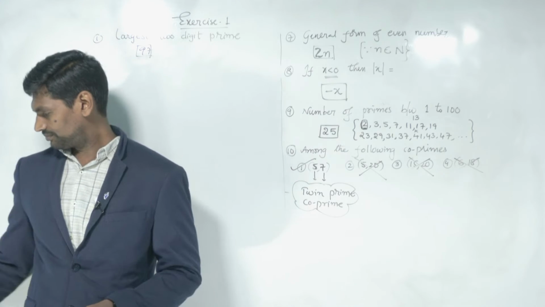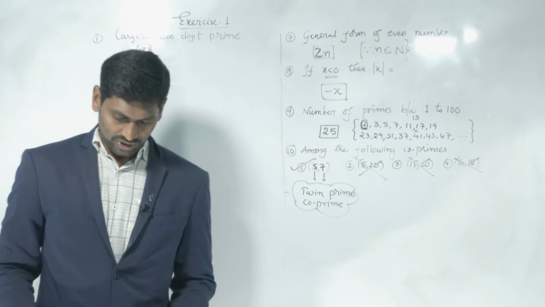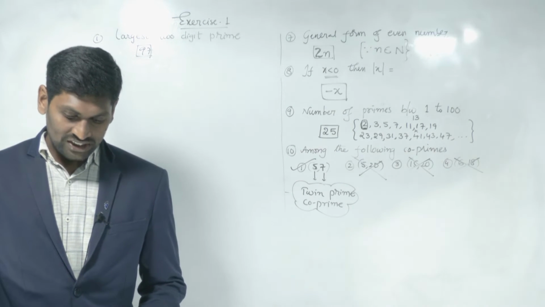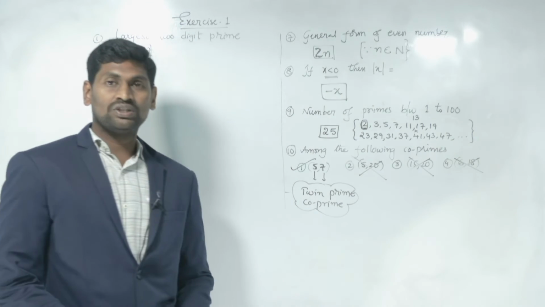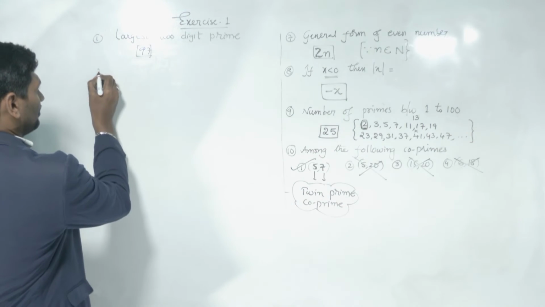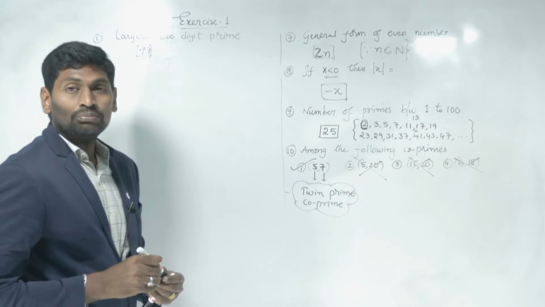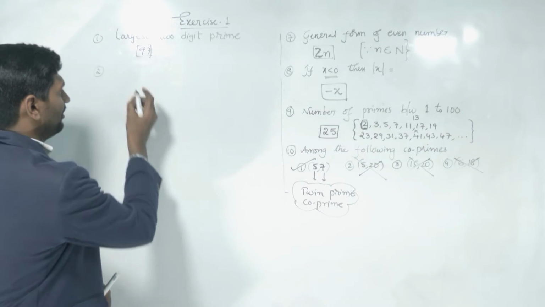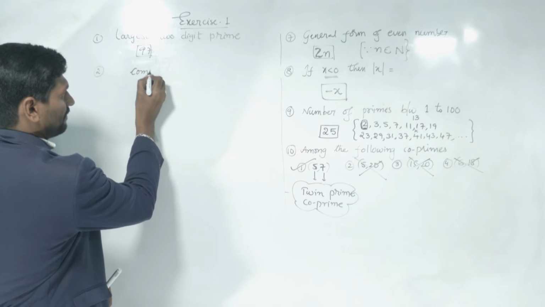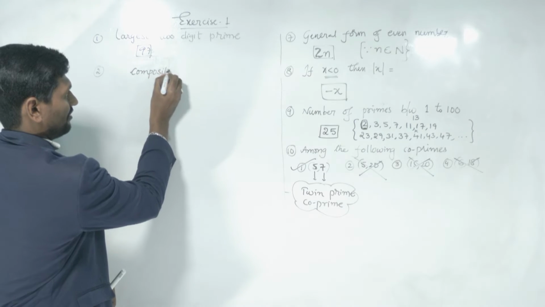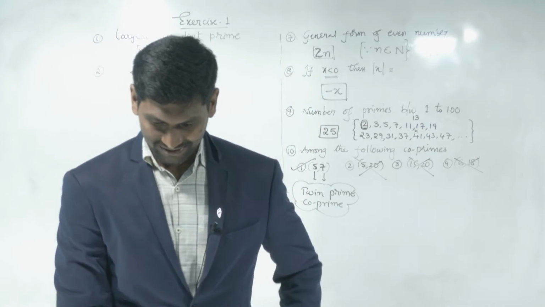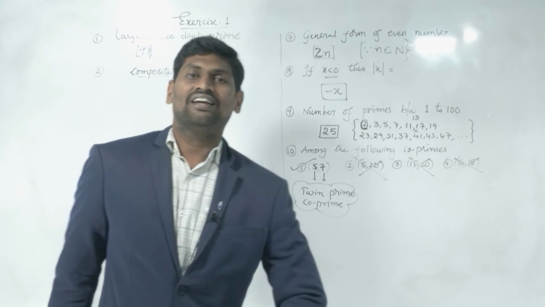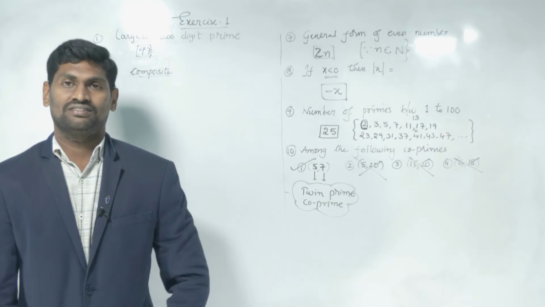Second question. Least 2-digit composite number. What are composite numbers? Composite numbers we discussed, right? Yes, more than 2 factors.